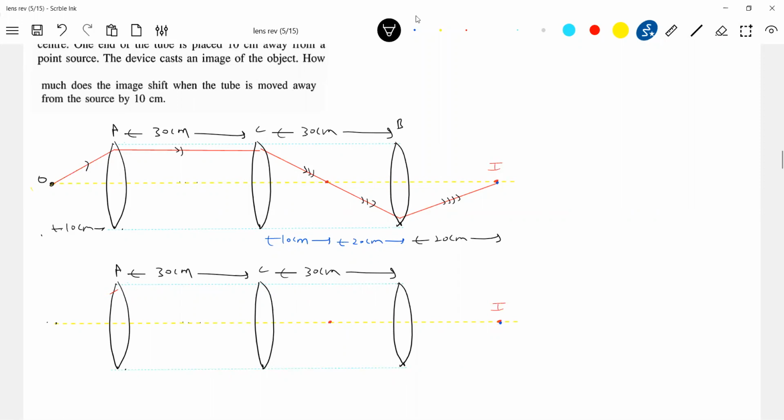So the object is here, so the image should form here. IA, if you want to write IA. So the ray diagram.